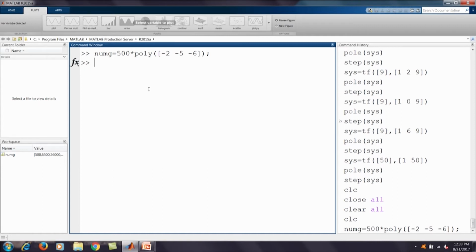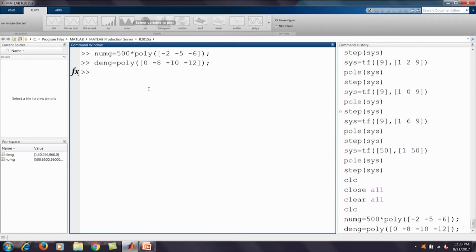Then the denominator, denG equal to the polynomial with roots 0, minus 8, minus 10, minus 12. So we have defined the denominator.